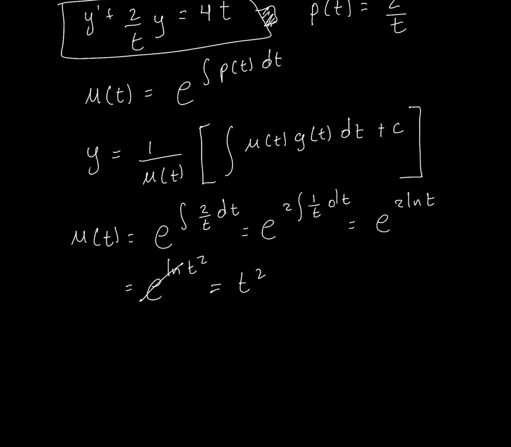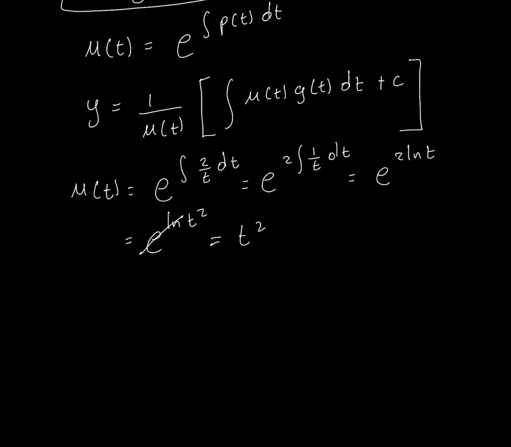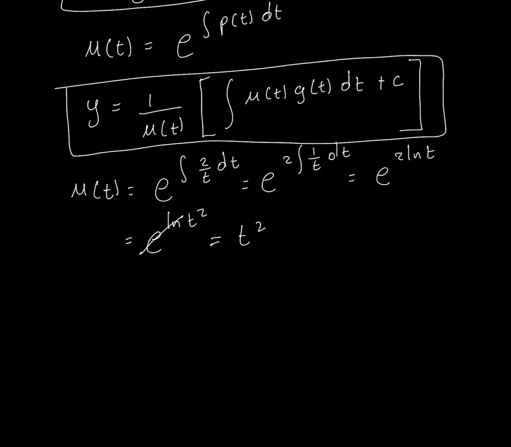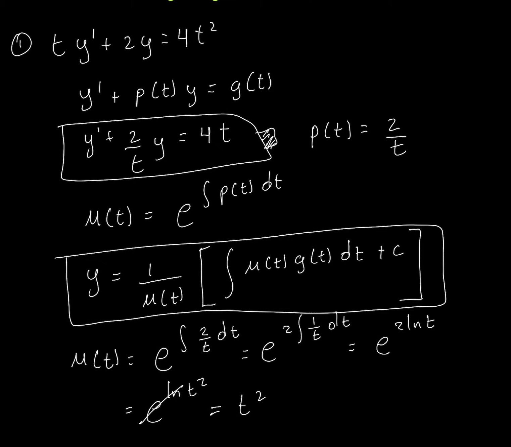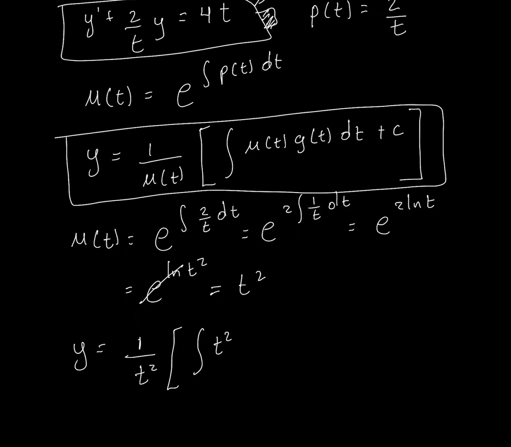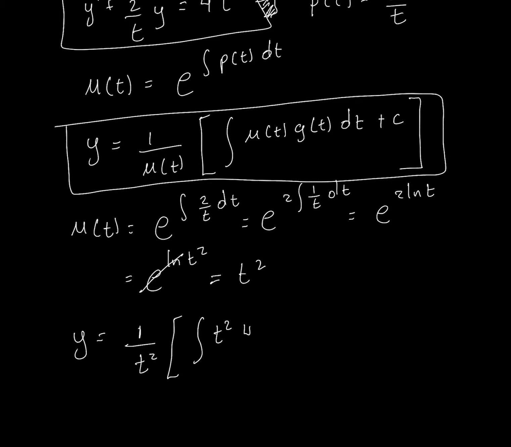Now that we have that, we're going to substitute into the formula for solving the differential equation. We get y equals 1 over t squared times the integral of t squared g of t. But what is g of t? Remember, we're working with this equation here, so g of t is just 4t, dt plus c.